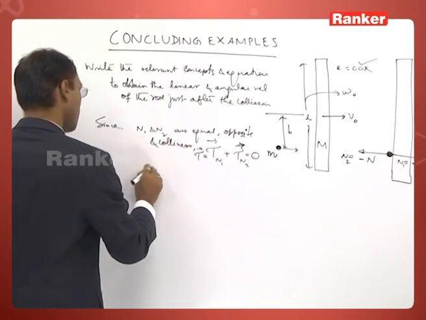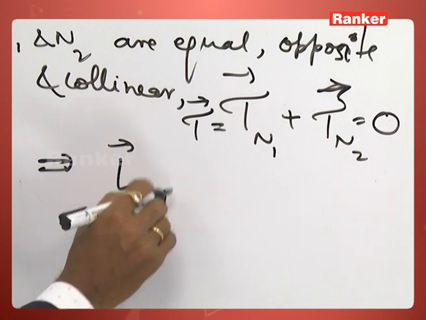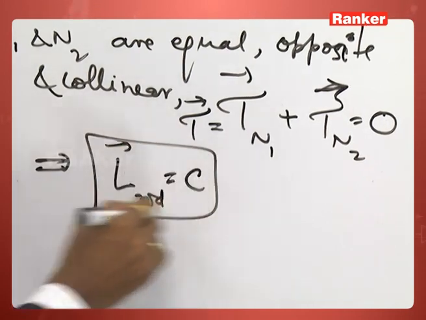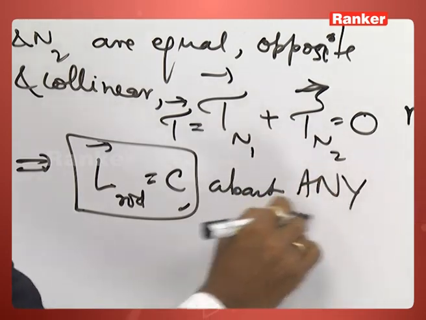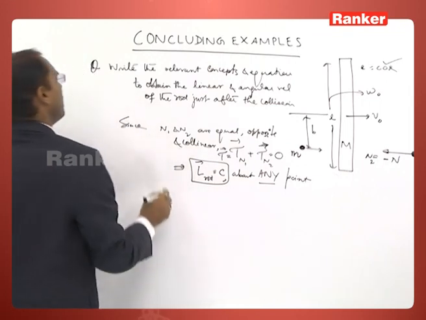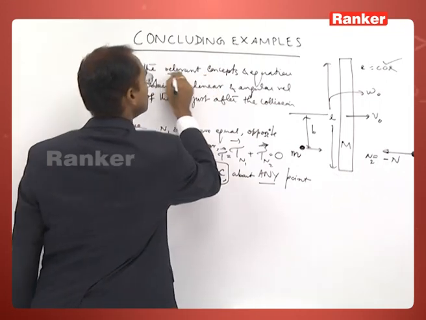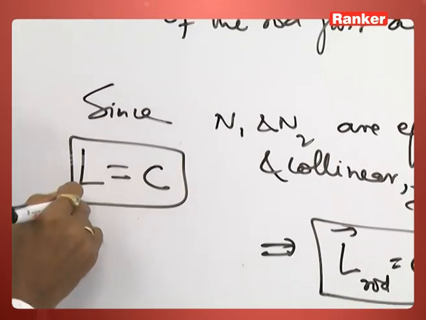Since net torque is 0, angular momentum of the rod can be conserved about any point. Write the relevant concepts. Conservation of angular momentum holds good.